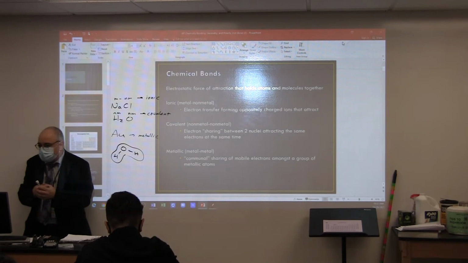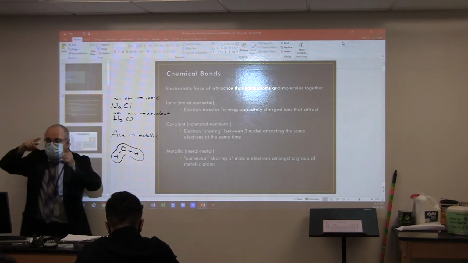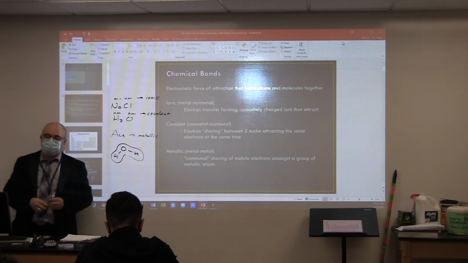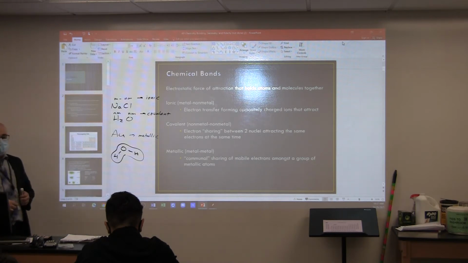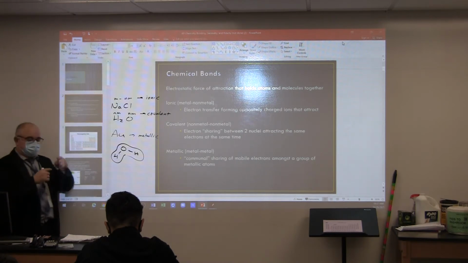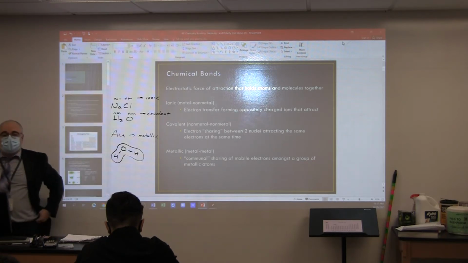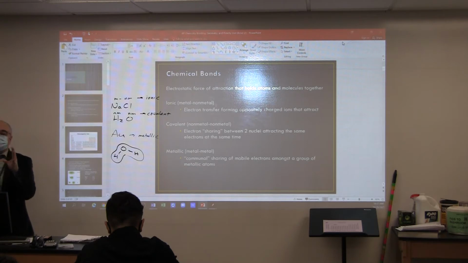A diamond is just carbon atoms continuously bonded to other carbon atoms with covalent bonds. That's what makes it such a tough material. Oh, so it's just carbon, just bonded, bonded, bonded. Yeah. And ionic, I'm going to get into that more today. These form crystals, three-dimensional arrays of ions stacking together.